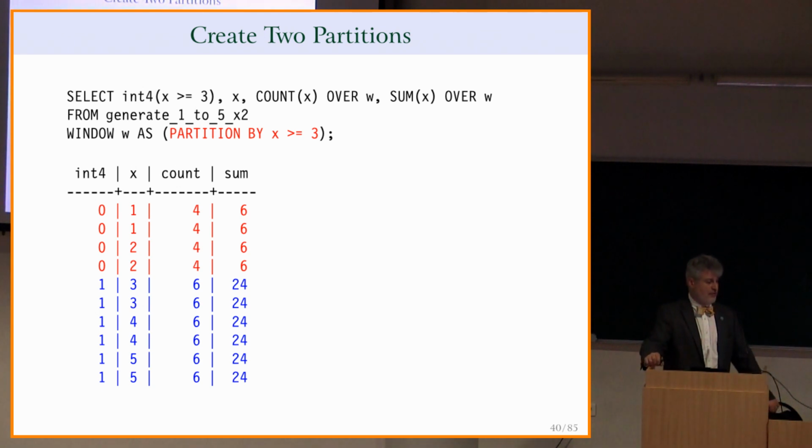This is a better example. What we've done here is we created a partition for all of the values greater than 2 and all of the values 2 or less. So in red, we have the values 2 or less, and in blue, we have the values greater than 2.